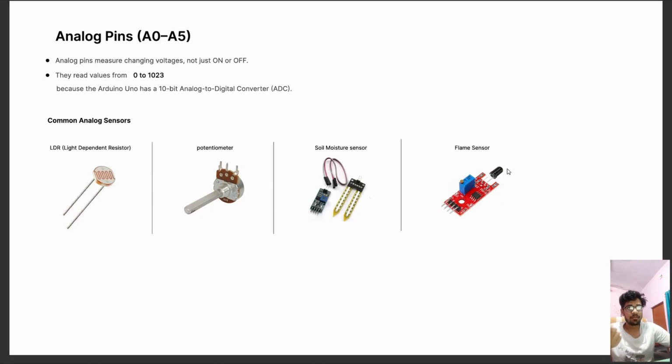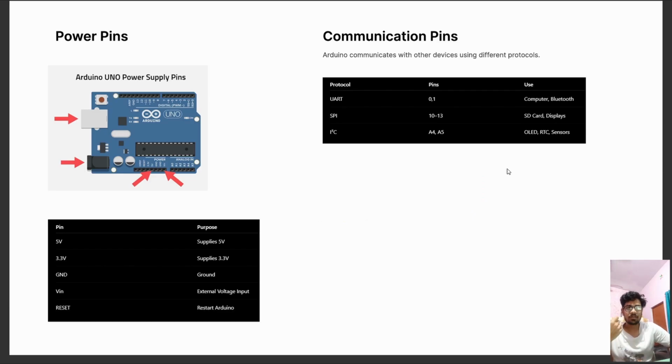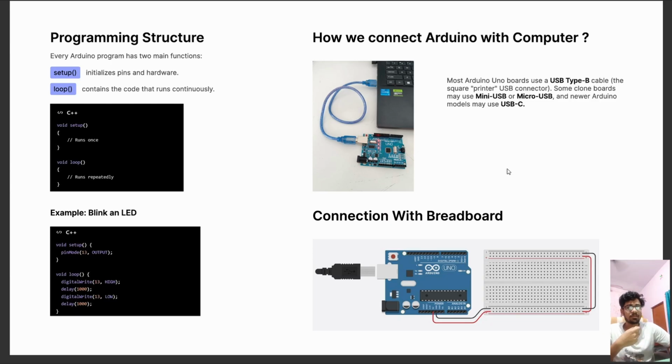This is important because if we don't know whether an LDR connects to a digital pin or an analog pin, how will we create a project? That's why this is an important lecture. We also covered power pins, connecting to the breadboard, and connecting to the laptop. How we upload the code, we will see in the next lecture.